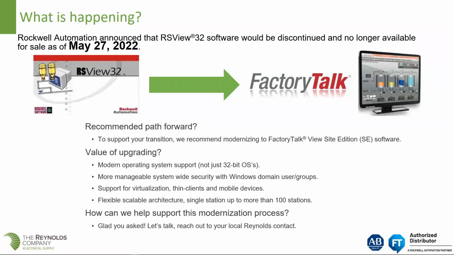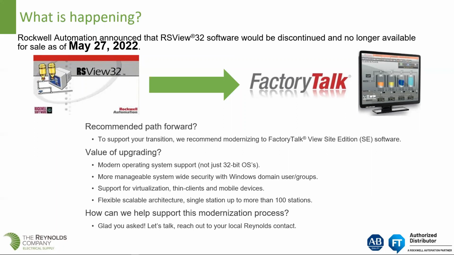There are issues with Microsoft patching that will make it not work with certain upgrades. So with RSView 32, we have migration strategies over to FactoryTalk View SE. Well, why would you want to do that? Well, we can support 64-bit operating systems with that.